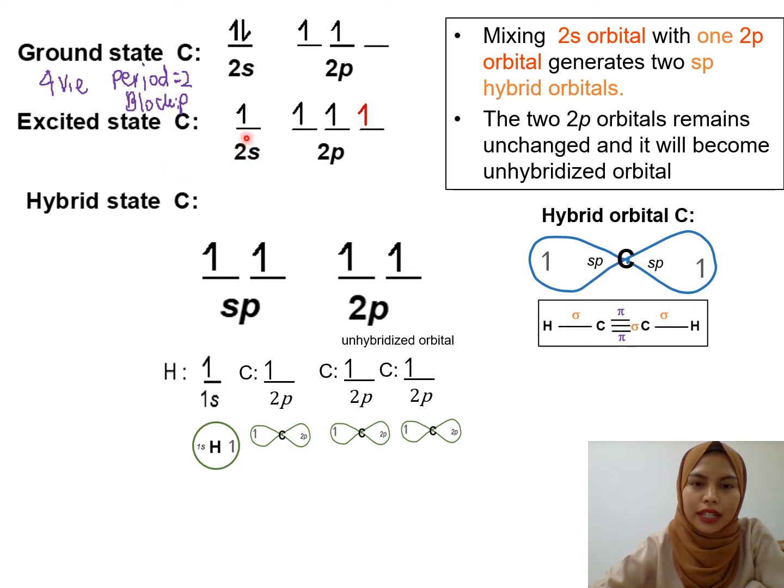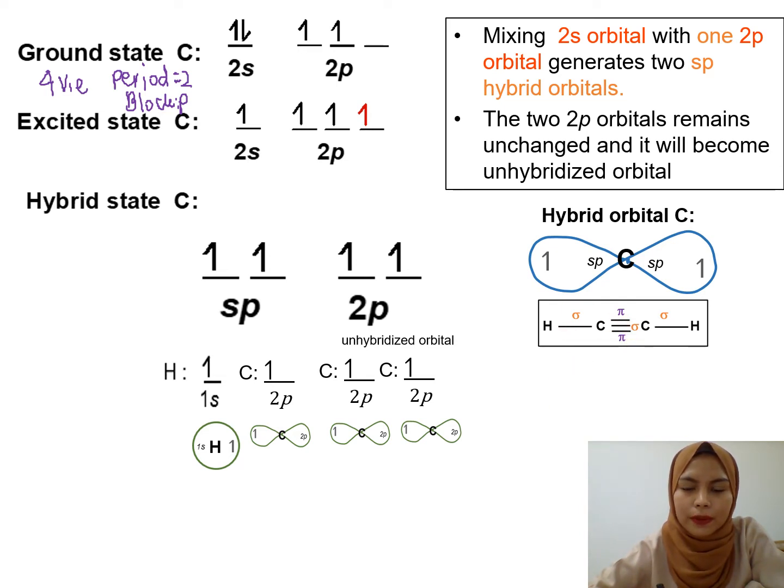Okay, di mana kamu akan ada single electron di orbital 2s dan juga 3 single electron di orbital 2p. Since that you look at the Lewis structure untuk C2H2, you tahu C2H2 ni dia ada 2 sigma bond, 2 pi bond.